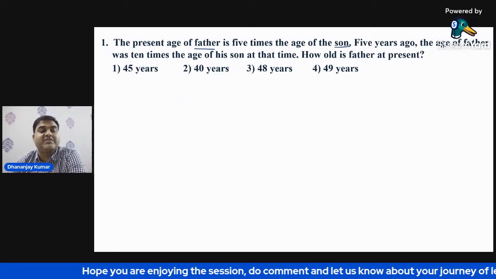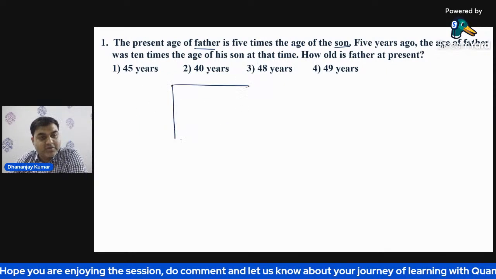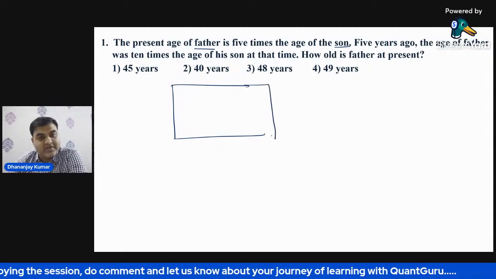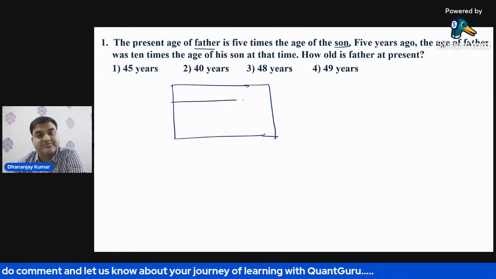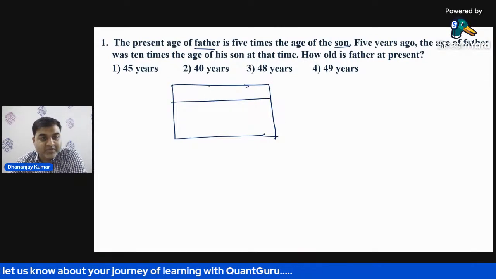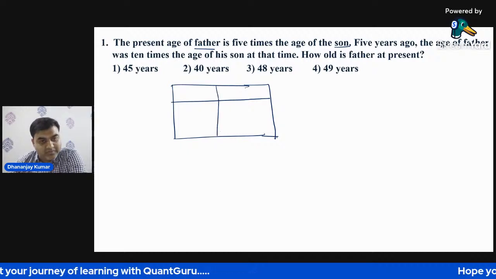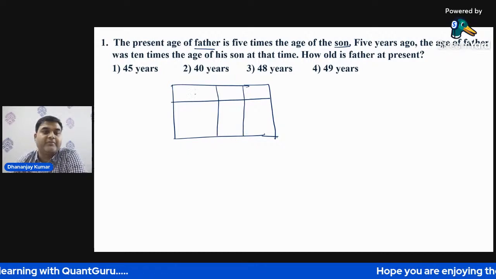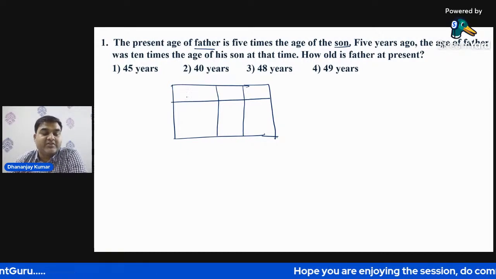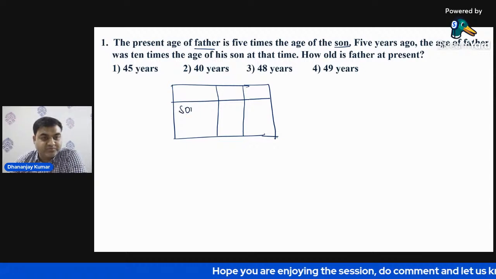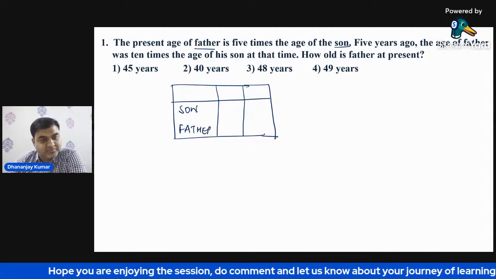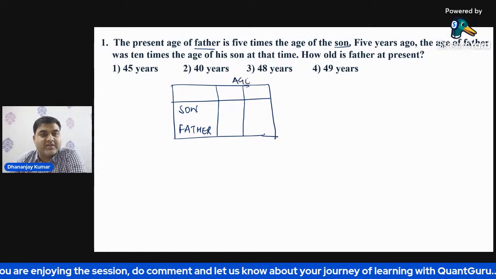Let me write it very properly. I am making a table where I am going to write son and father, and here I am going to write the age.